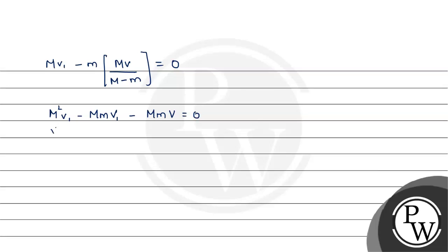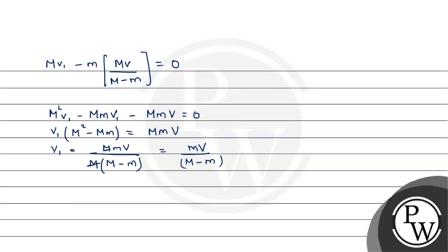From here we get v1 into M into M minus m equal to m M v. So v1 is equal to m M v over M into M minus m. M cancels out. We get its value to be m v over capital M minus small m. So this is the value of v1.